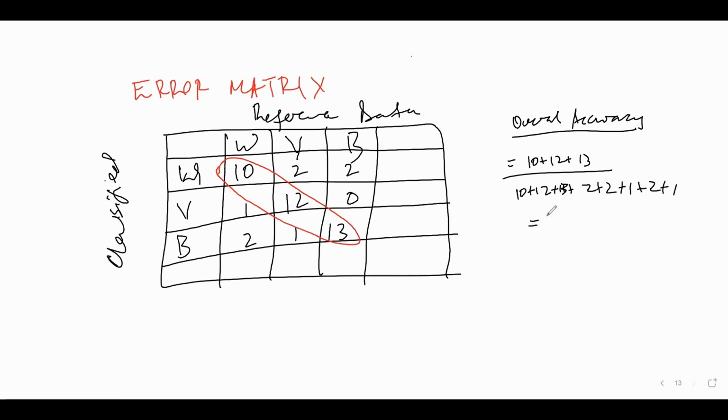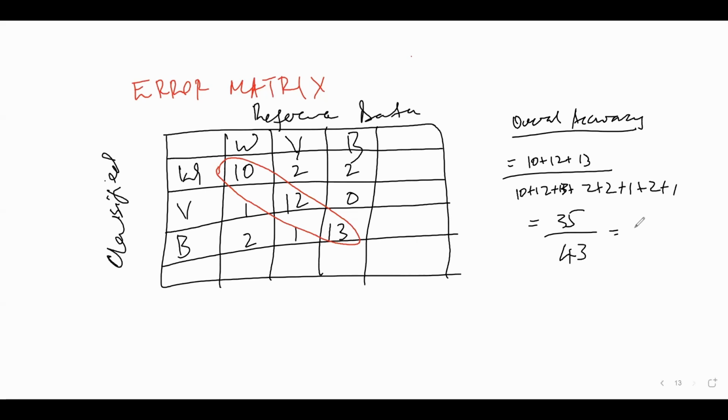So our overall accuracy is what? That's 35 over 39. You can see what this is as a percentage, and that will be our overall accuracy. So that's one of the ways in which we can determine overall accuracy.